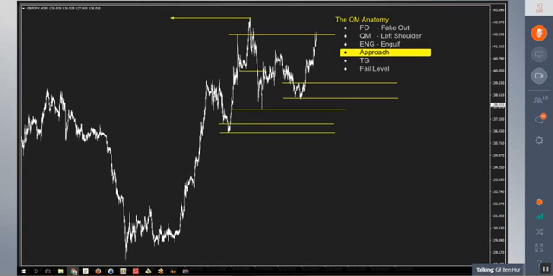Okay, so eventually what happened is price was going up to a very legitimate place. It bounced down.